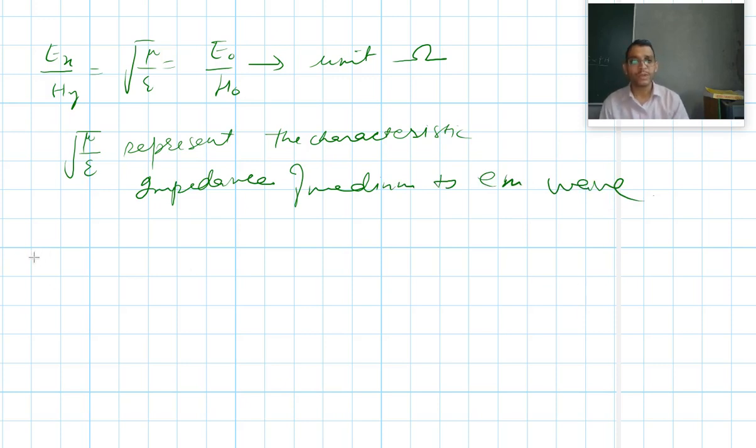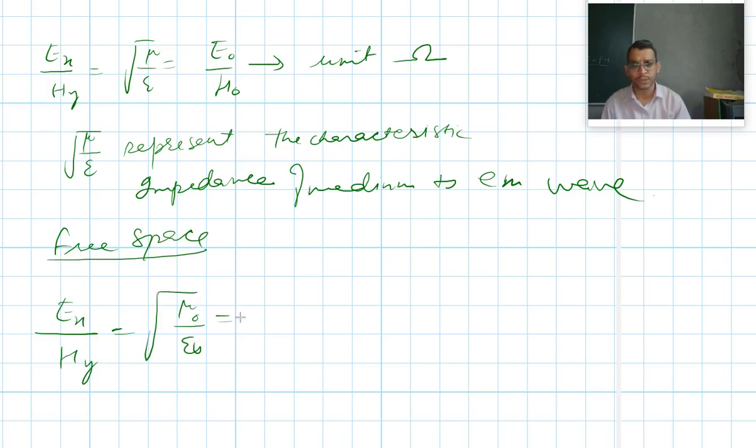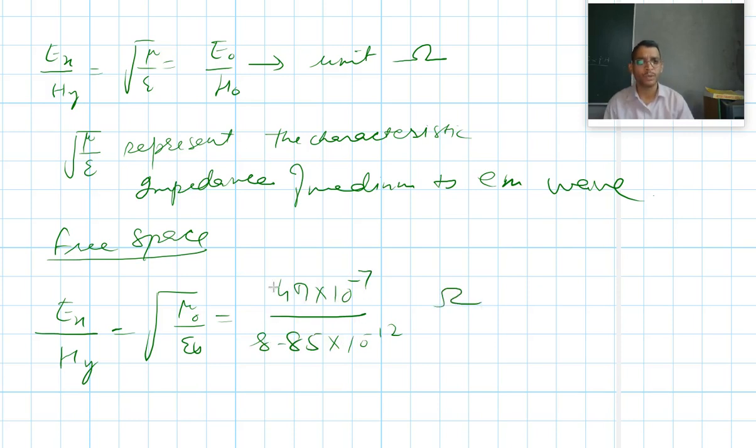And if I try to find it for free space, then Ex over Hy can be written as root of mu naught over epsilon naught, and if I put their values, 4 pi into 10 raised to the power minus 7 over 8.85 into 10 raised to the power minus 12, its unit will be ohm, as I discussed.